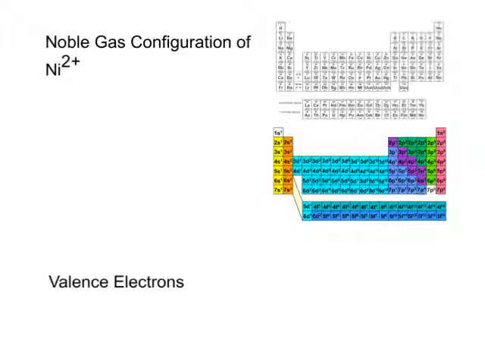So just remember that when you're doing these questions that have charges, find the different square that it will be on the periodic table after it has either gained or lost those electrons.